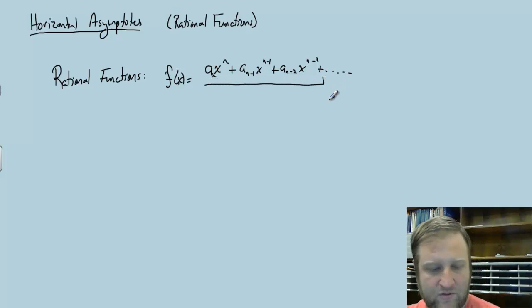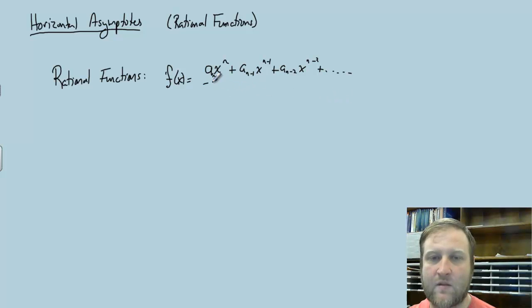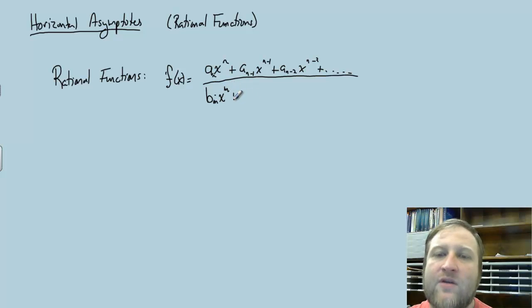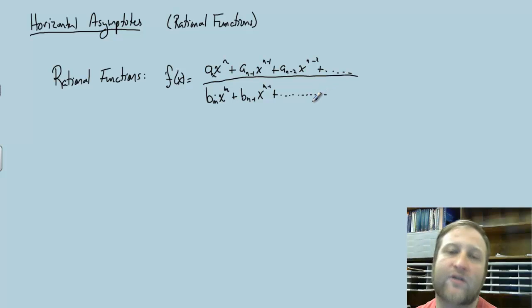Down here in our denominator, we will have a leading term b sub m x to the mth power, then our next term, b sub m minus 1 x to the m minus 1 power, all the way down to our constant terms.